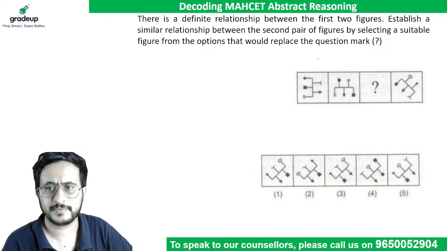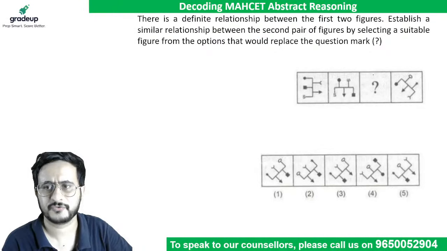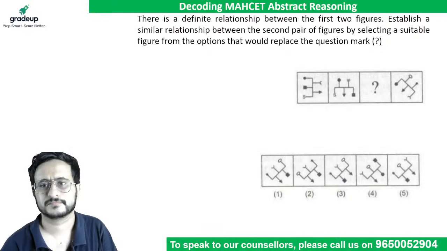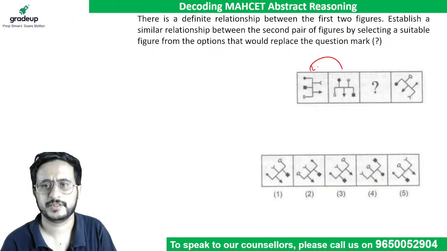So this is the image and it is turned to this thing. You have to find the relation between this. So again we will look from this point.